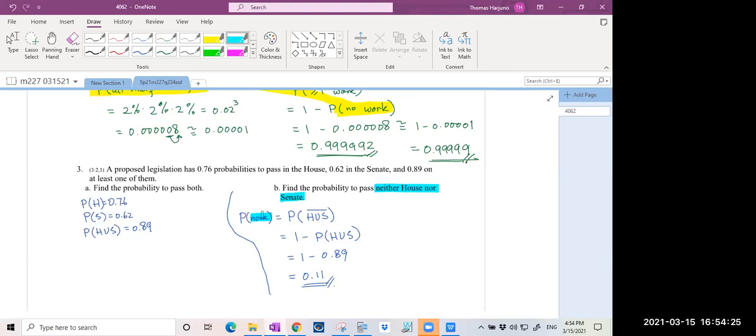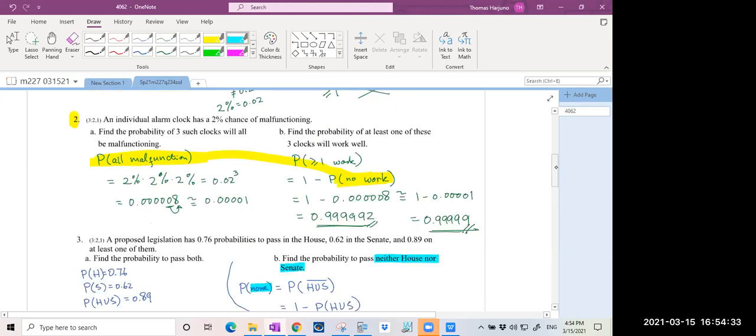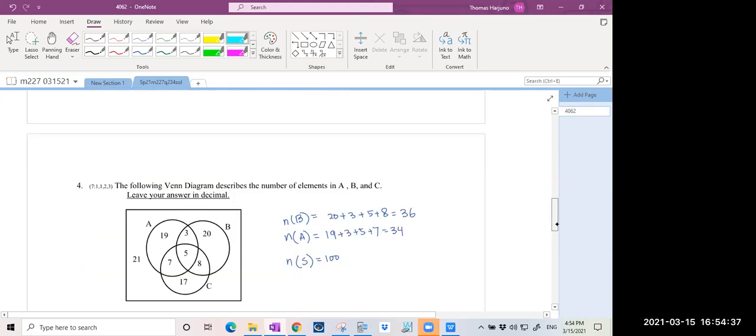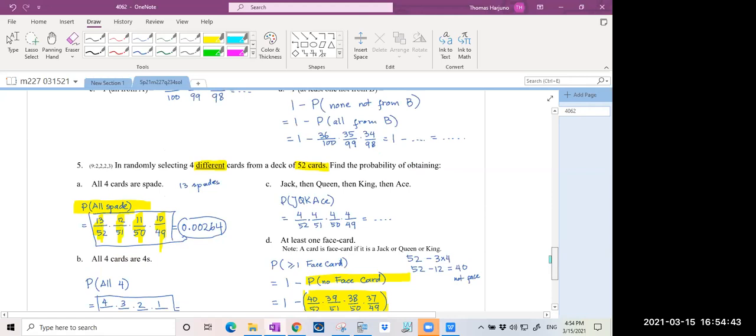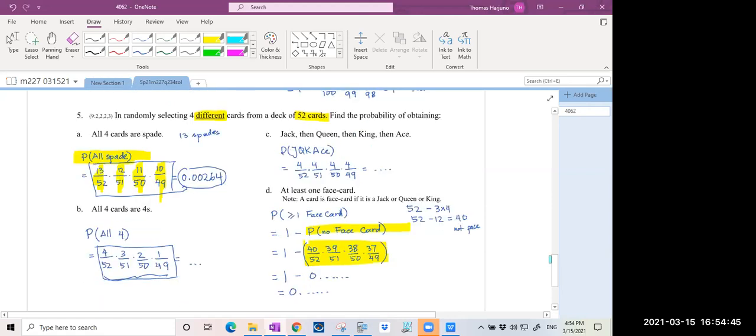So you notice that the idea of at least one, how to compute the probability of at least one, is employed in 2B, 3B, 4D, and 5D.